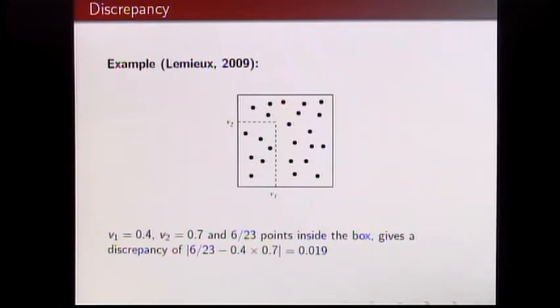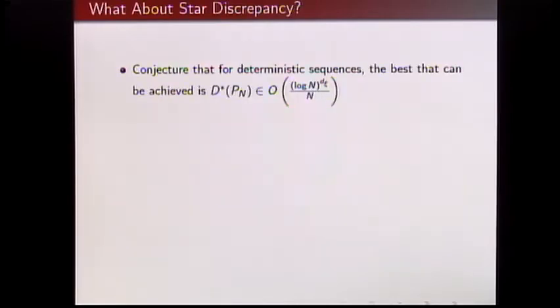So I just look at 6 over 23. That's how much my sequence filled in. And I subtract how much a continuous uniform will assign a probability measure over there. So this one. And that gives me the discrepancy, okay? So obviously, it's not that easy to calculate for general things.